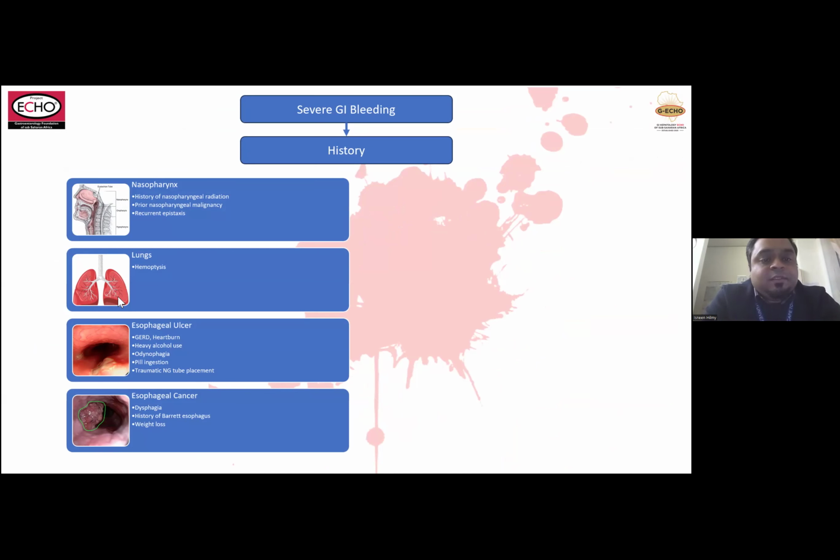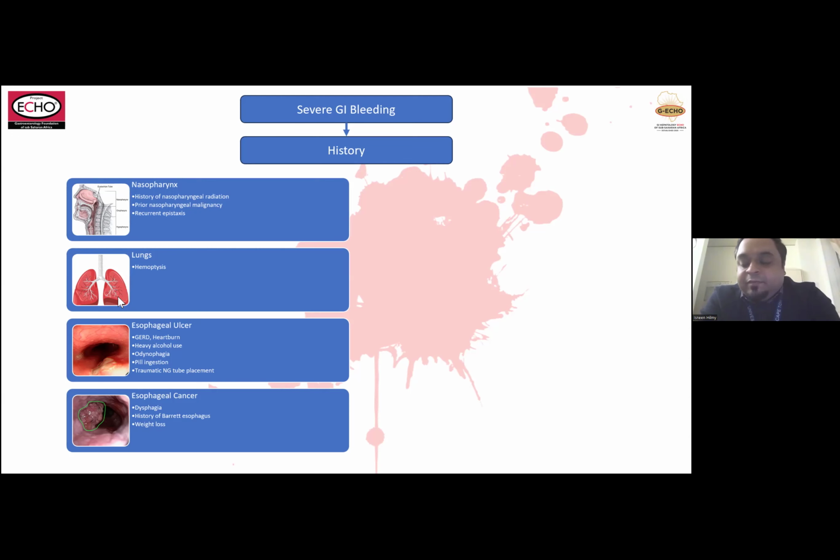And then, is there any evidence for esophageal ulceration? That could be a history of GERD, heartburn, heavy alcohol use. Does the patient have difficulty or painful swallowing? Any history of pill ingestion, or has the patient had a nasogastric tube placement? And if the patient has esophageal cancer, one would ask for symptoms of dysphagia, any history of Barrett's.